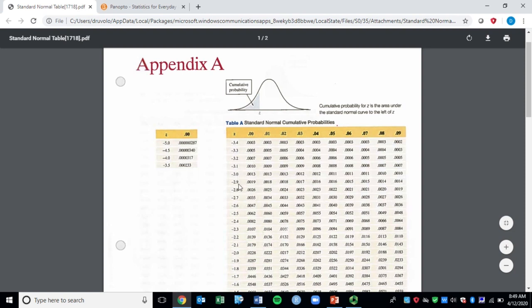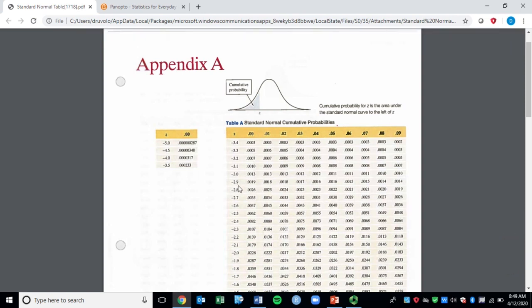If I was looking at this number right now, I'm looking at a negative 2.9. So this is only taking it out one decimal place. Where in the world is the second decimal place? The second decimal places are located up here, and so this is taking it out to the second decimal place.